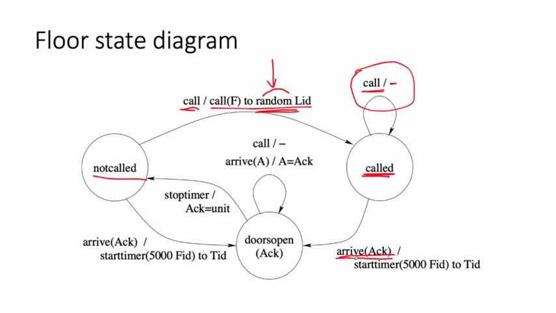Okay, I'm waiting for the lift. Eventually, the lift will arrive with a one-shot acknowledgement. Now I have to model the door opening. Normally what happens is the floor will connect to the door motors. It will open the door motors, and the door motors have some kind of security. They will stay open for a certain time, and if there's a person going in and they're trying to close, it'll open again.